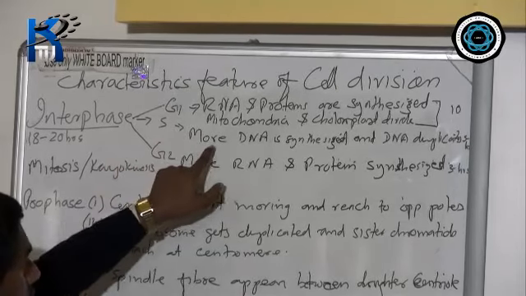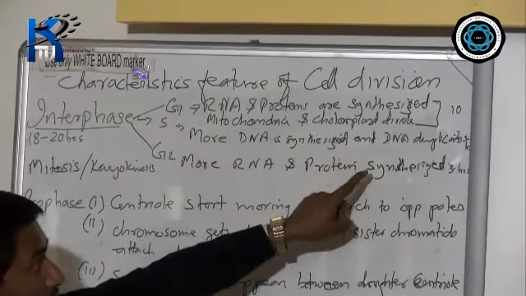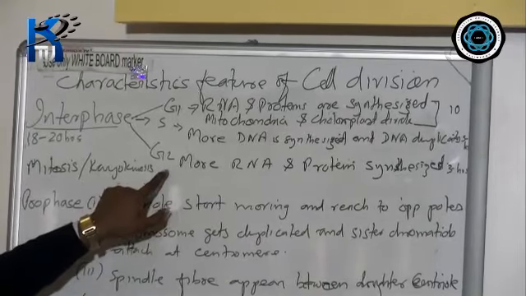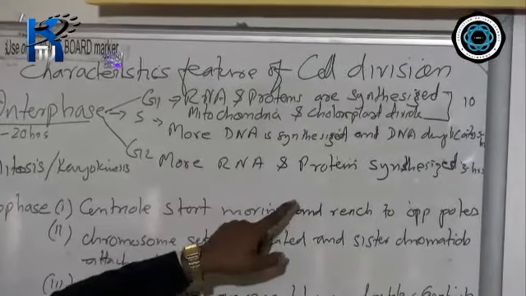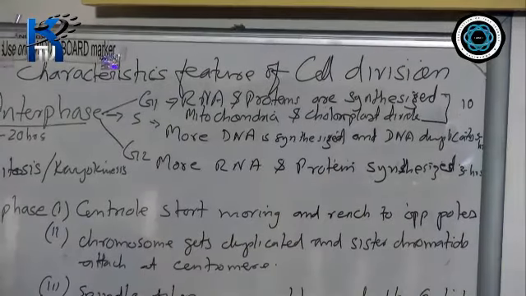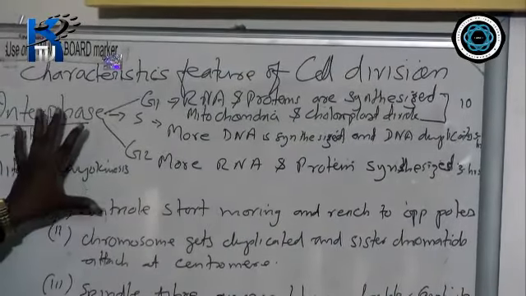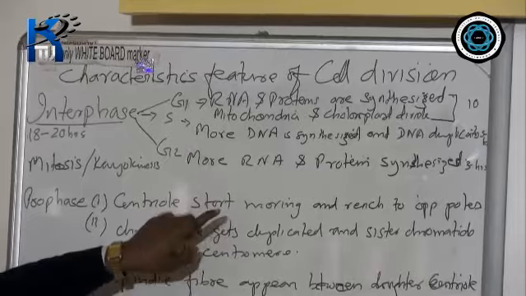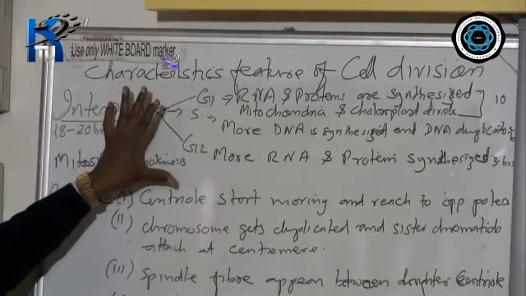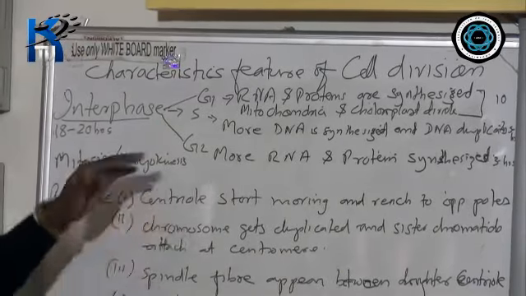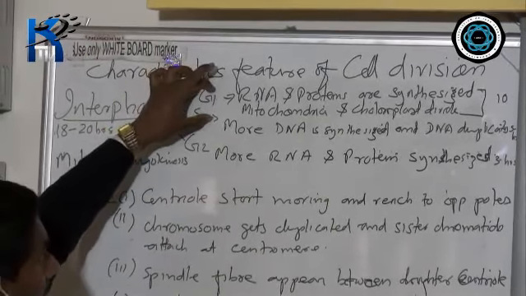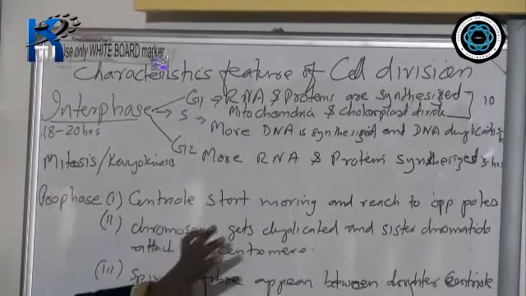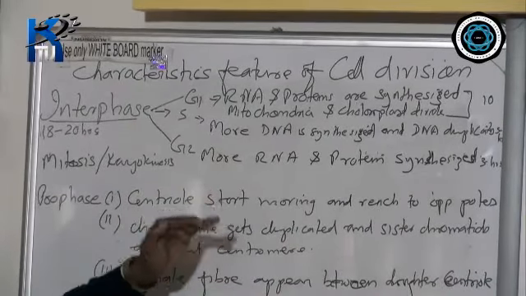In S phase, more DNA is synthesized and daughter chromosomes get formed. In G2, more RNA and protein are synthesized, that will take around 3 hours. Before that, in G1, when the RNA and protein are getting synthesized, some event may decide whether the cell has to go under division or not.